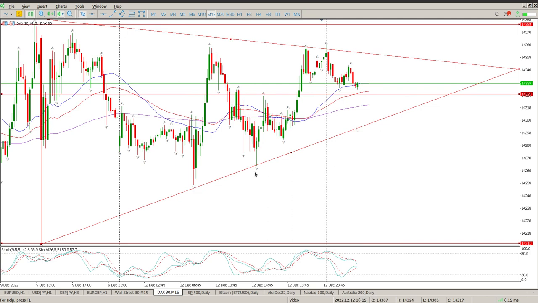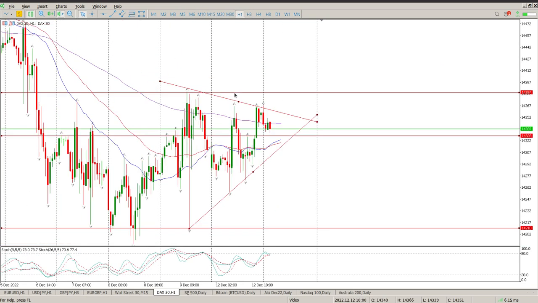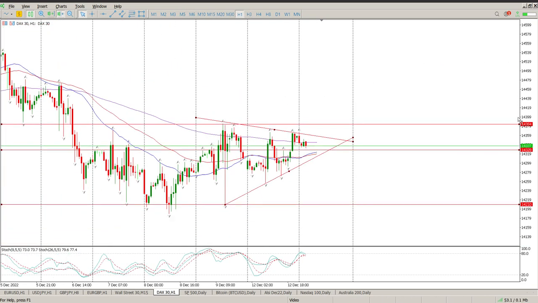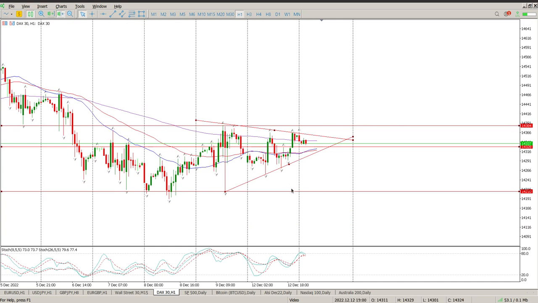But I think if we drop below the lows of yesterday, that is going to trigger a move to the bottom of the range, at least at 14,200. If we do sort of look at it this way, we had buyers come in here, solid move up, flag, breakout.